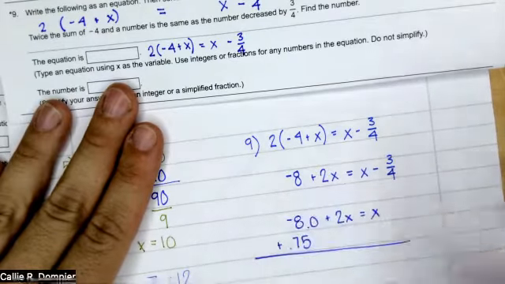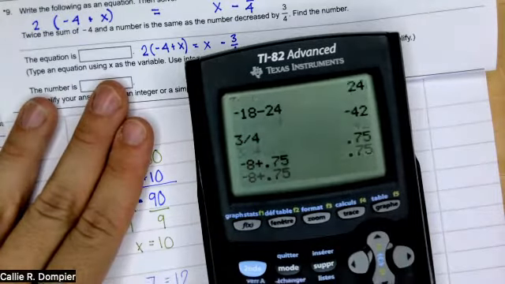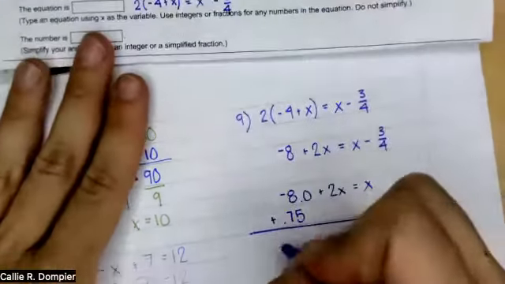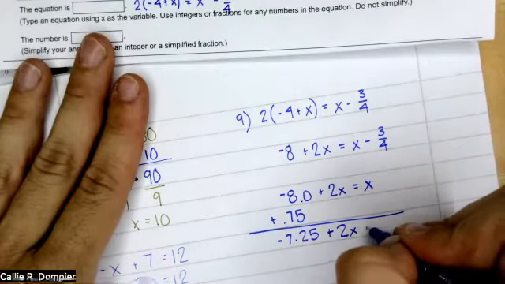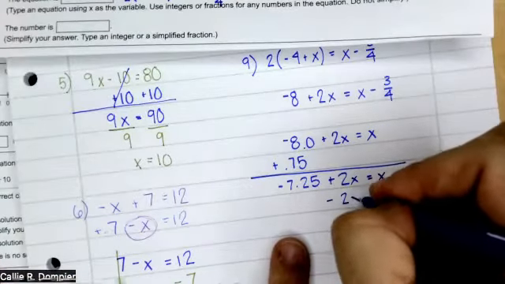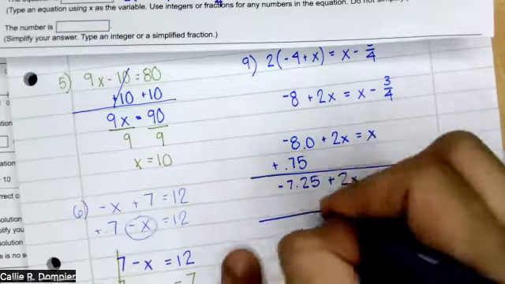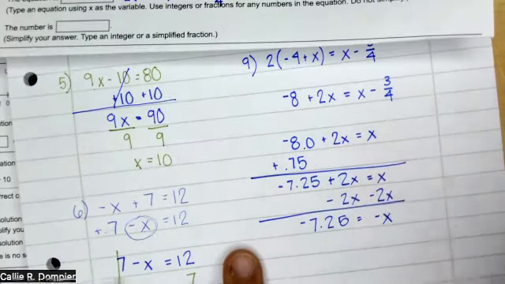So we have now negative 8 plus 0.75 is negative 7.25 plus 2x equals x. Now I'm going to subtract the 2x from both sides. Negative 7.25 equals negative x.